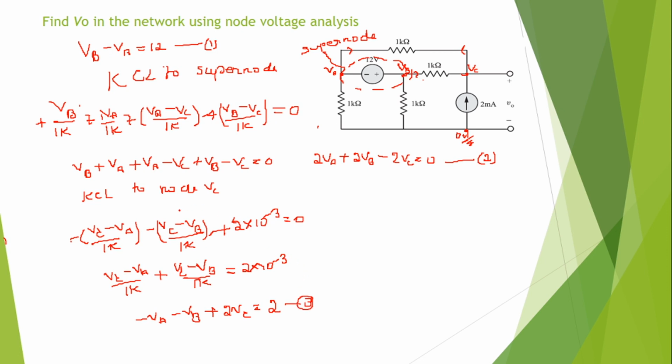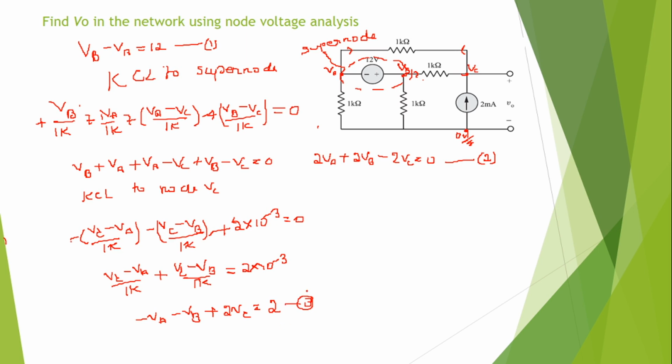So first equation, VB minus VA equal to 12 volts. Equation 2, 2VA plus 2VB minus 2VC equal to 0. Third equation, minus VA minus VB plus 2VC equal to 2.